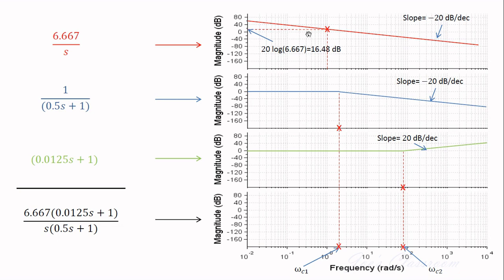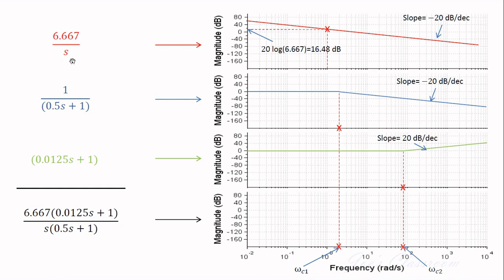Therefore, I can conclude that for frequencies lower than the first corner frequency, the only contribution to the gain is from the integrator term in this case, or this term contains the constant gain and the integrator term.